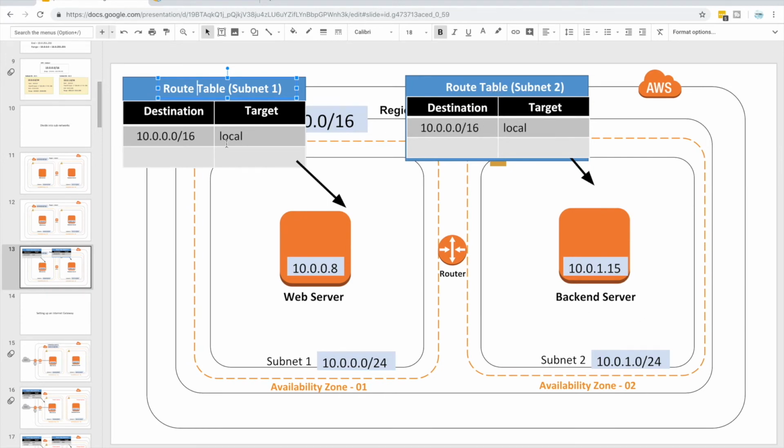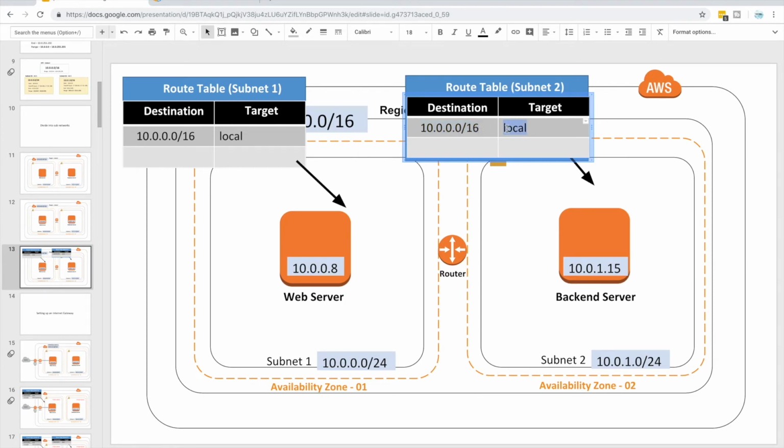And in both of these route tables, you can see there's a rule or a record saying that if a resource in this particular subnet is talking to another resource which has a destination IP address within our VPC's range, that is 10.0.0.0/16, route within the VPC.